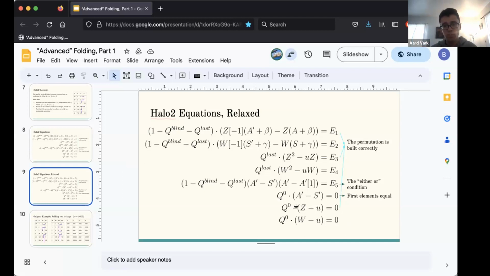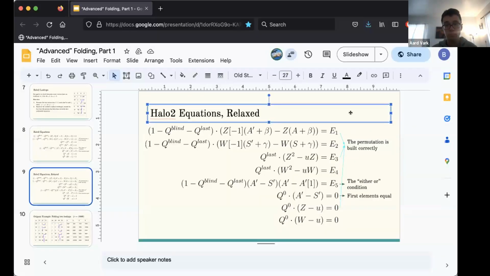If you take 2 solutions, you have Z1, U1 and Z2, U2, and they both satisfy this, that basically means Z1 equals U1 and Z2 equals U2. Then when you take a linear combination, it'll still be satisfied. Okay.